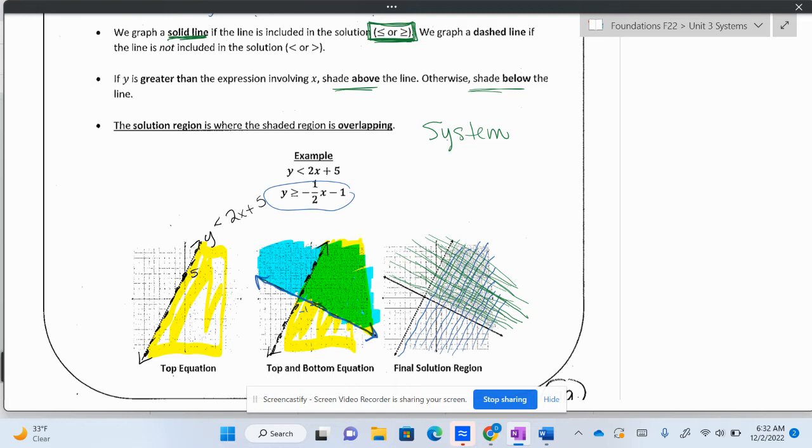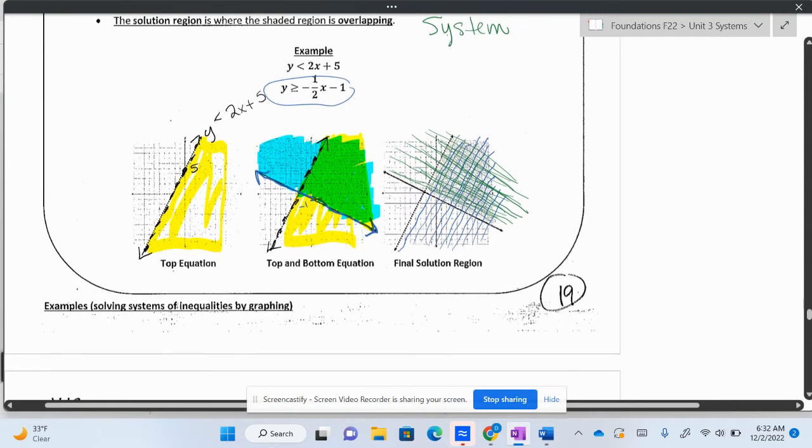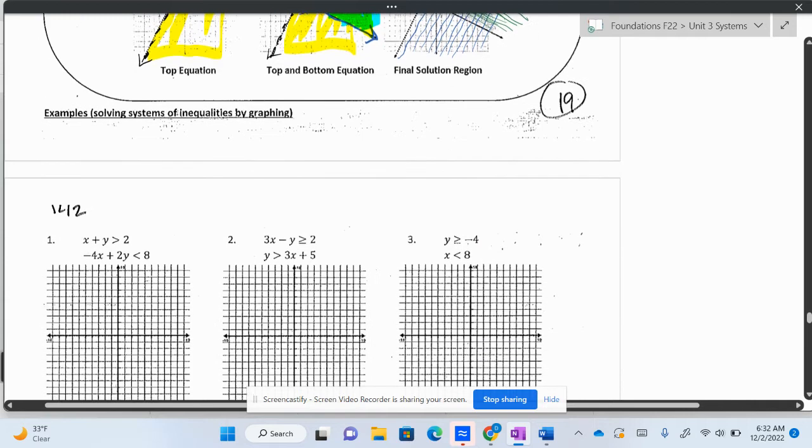So that might be a better way for you if you're not using colored pencils or highlighters. So that's what we're going to do.